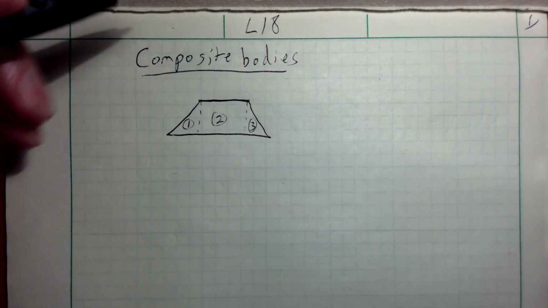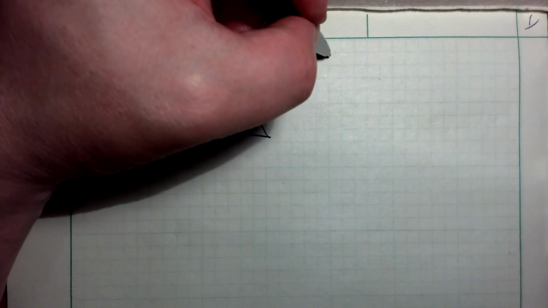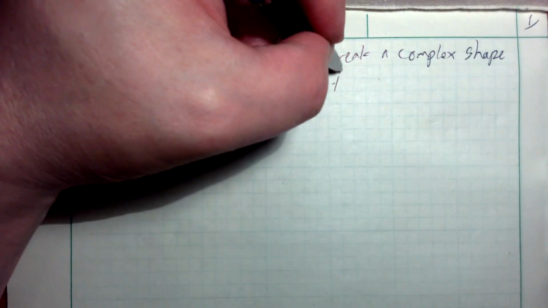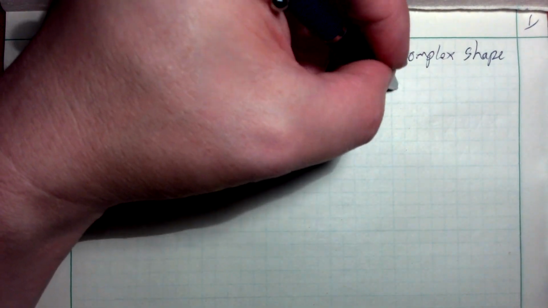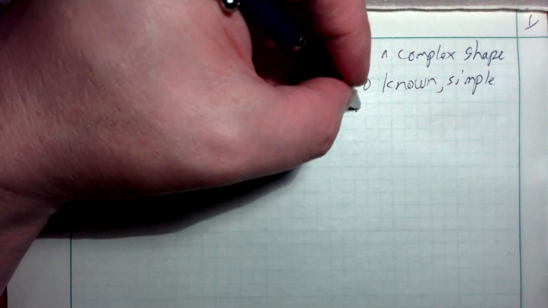The idea of composite bodies is we break a complex shape into known simple shapes.